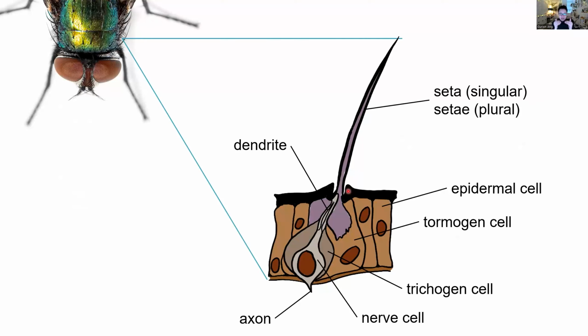But then just beneath the epidermal cells are these other specialized cells like the tormogen cell and the trichogen cell. There are others, but these are the main two. I just want to quickly go through their function. If we start with the trichogen cell, which you can see here drawn in this darker brown, that immediately surrounds the nerve cell. It's actually a specialized type of epidermal cell, and it produces the CT.